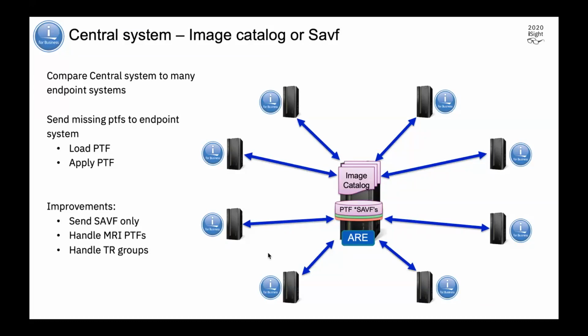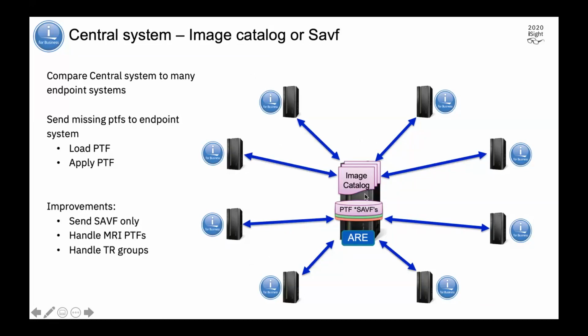look at this from a PTF perspective, and then to leverage and use PTFs and distribute them to multiple endpoints. So you can create an image catalog, or you can create a pool of save files on a central system.